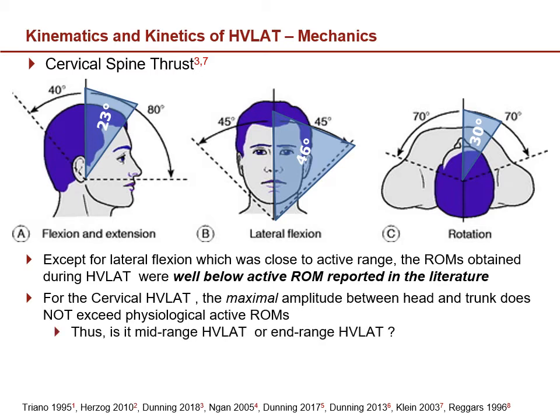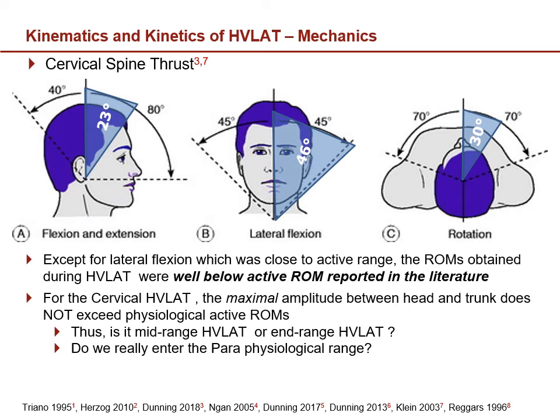Thus, is it a mid-range HVLAT or an end-range HVLAT that is being applied with the studies that we've looked at? I'd make the argument that it's likely going to be a mid-range, given the amplitudes as well as the positioning of the cervical spine with these thrusts.